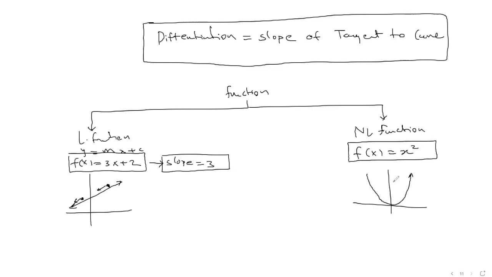And on top of that, the slope is changing at every point. Say at this point, the slope is negative, because I told you the slope of a curve is the slope of its tangent. And the tangent at this point is different, at this point is different, and at this point the slope is 0. So you clearly see the slope is different. That means the slope is variable.